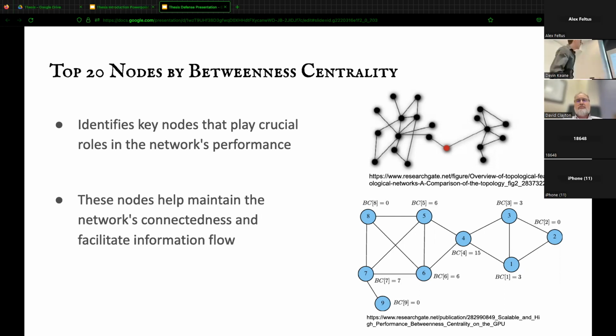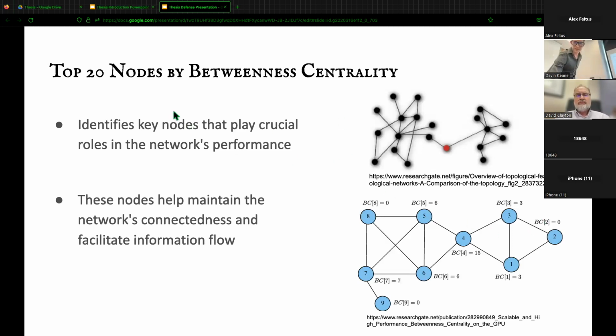If we take into consideration, on the top right, this red node, for instance, it doesn't have very many connections. Yet it's connecting very densely connected regions of a graph. Without this red node, you would have no way for these two regions to communicate with one another. So betweenness centrality is a measurement of that.